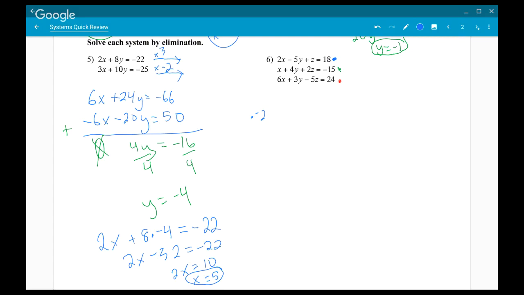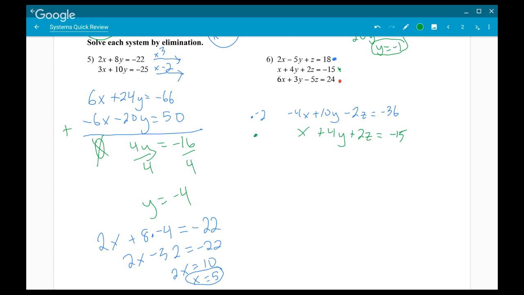So I get -4x plus 10y minus 2z equals -36. And then I'm going to take my green equation and leave it alone. I don't need to do anything to that one because it's already got a positive 2z. So I'm working to eliminate my z's. That's what I'm working on.